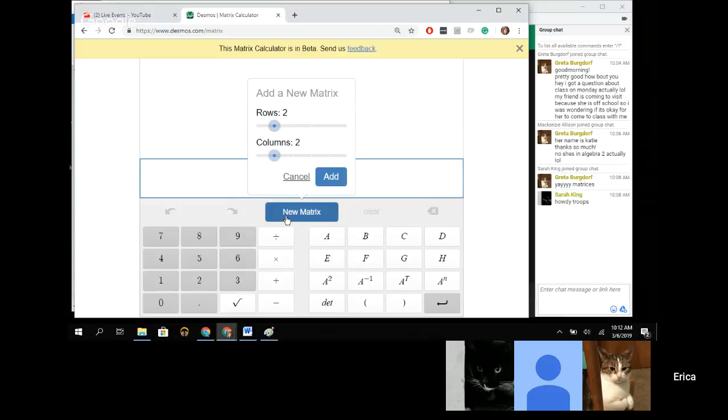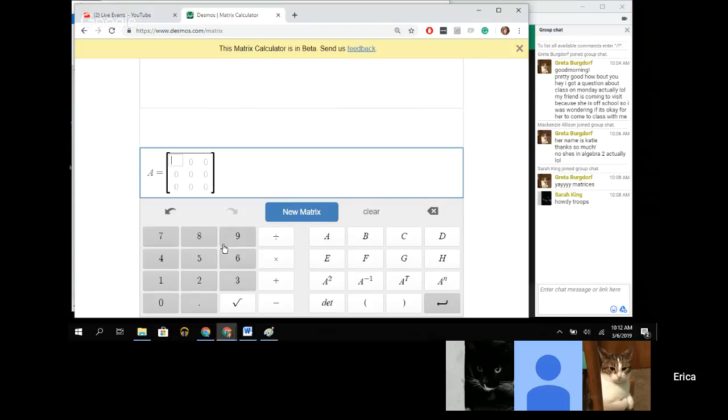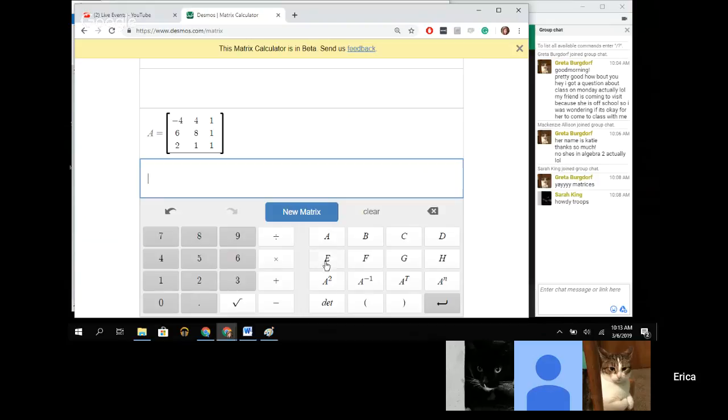So we have a new matrix. It's a 3 by 3. We have coordinates at -4, 4, 1, 6, 8, 1, and 2, 1, 1. So that's our matrix.